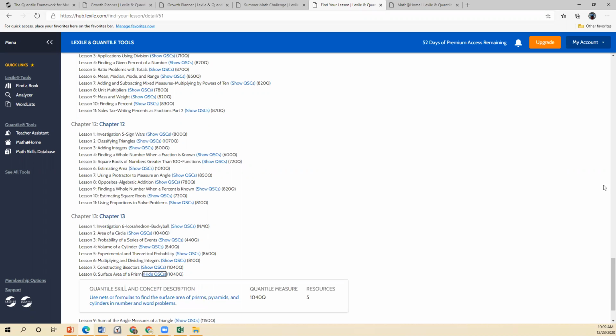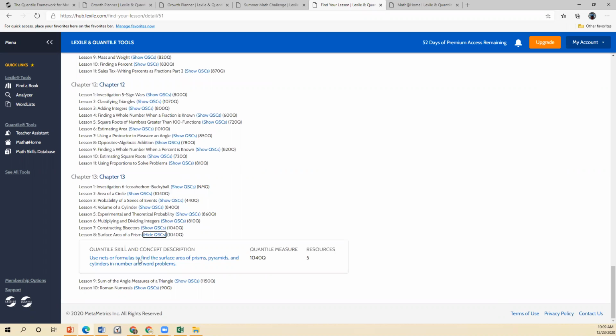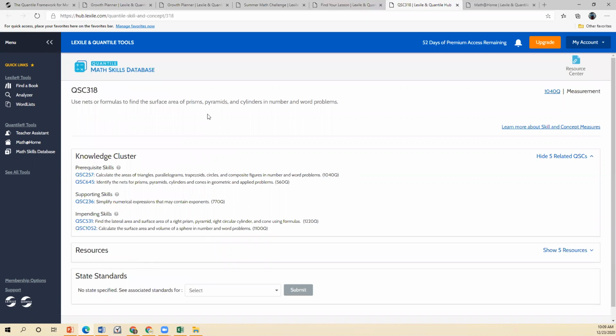And let's show the skills and concepts here that are needed to know to understand our focus concept. Here is our focus concept: use net or formula to find the surface area of a prism, pyramids, or cylinders. Prerequisite skills usually have a lower quantile measure than the focus skill that your child is trying to learn.